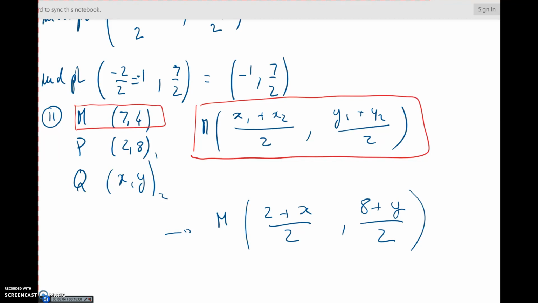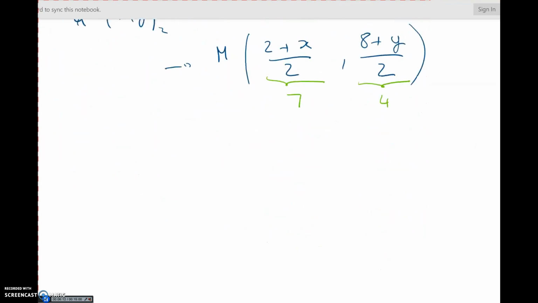Now, they are telling you that the midpoint has coordinates 7 and 4. What does that mean? It means that this is equal to 7 and this is equal to 4. So 7 equals (2 plus x) divided by 2, and 4 equals (8 plus y) divided by 2.